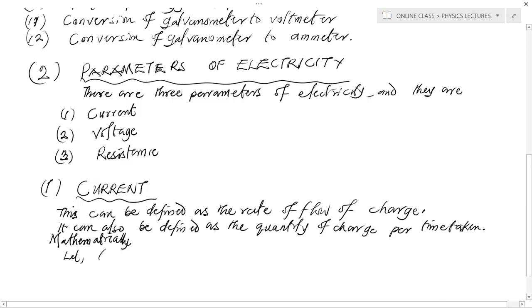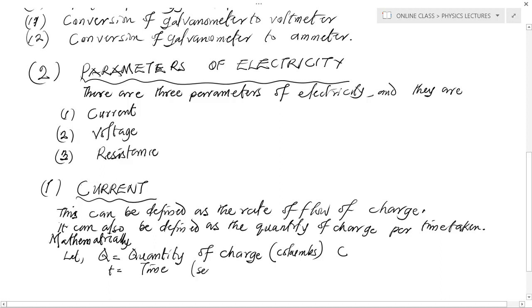Let Q equal quantity of charge, measured in coulombs, capital C. We have time, measured in seconds, S. Then current is represented by I.